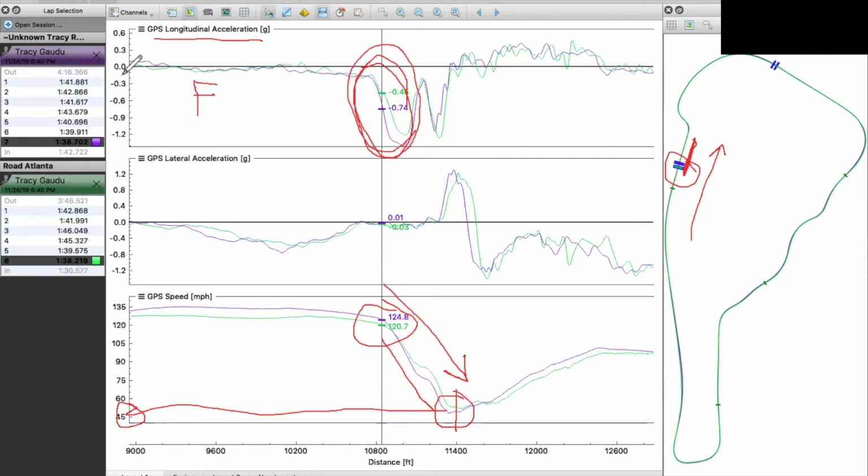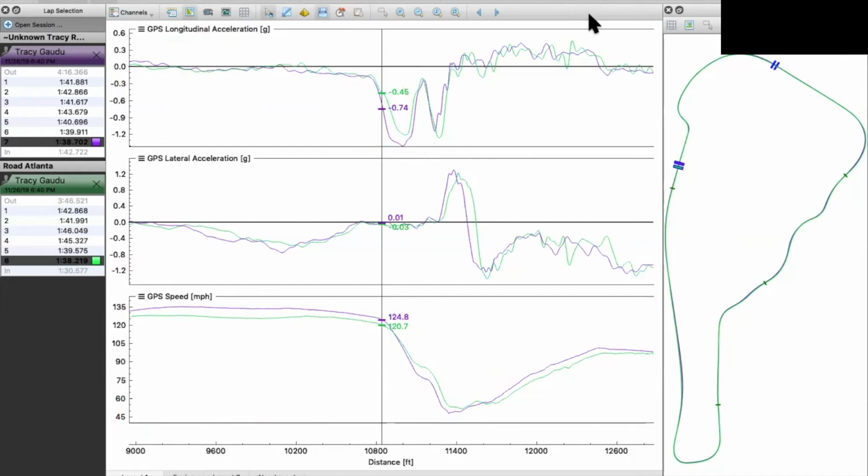Slope, negative G, feet, brake zone right here, right? Decrease in speed right here. Making sense? Good. Now we're going to show you this slope story.